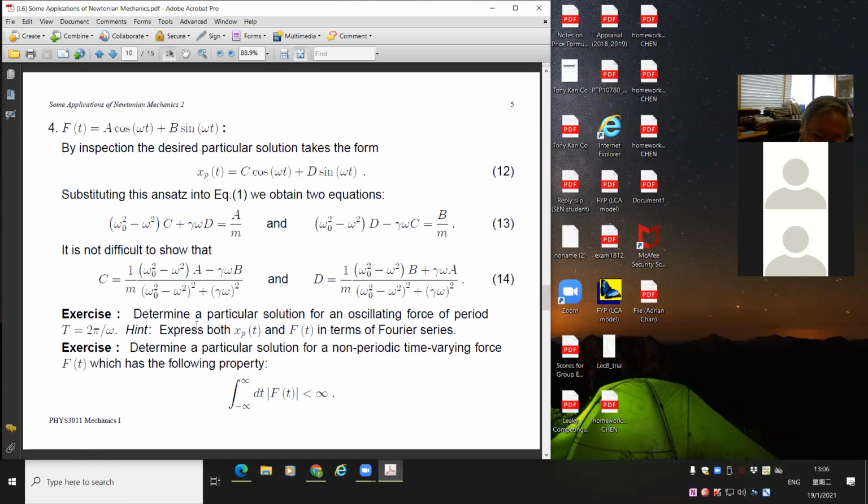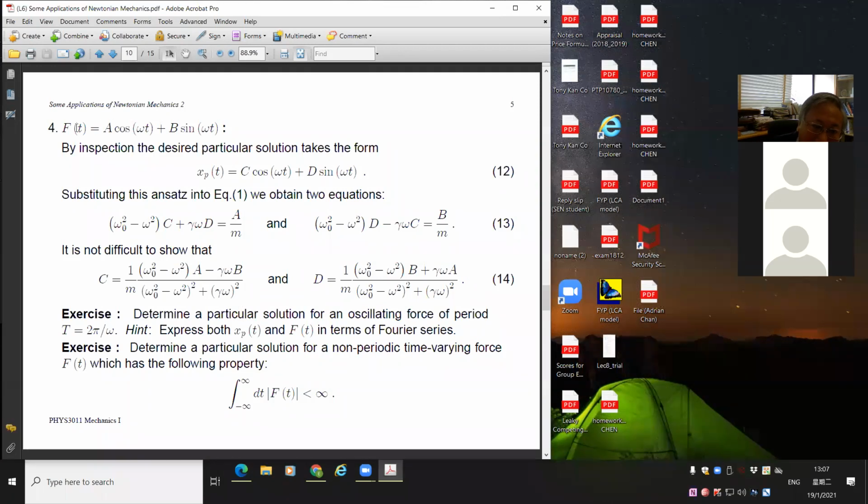If you are asked if f(t) is a periodic function, that means f(t) can be expressed as a Fourier series, then what is the particular solution? The particular solution must be a Fourier series as well, right?